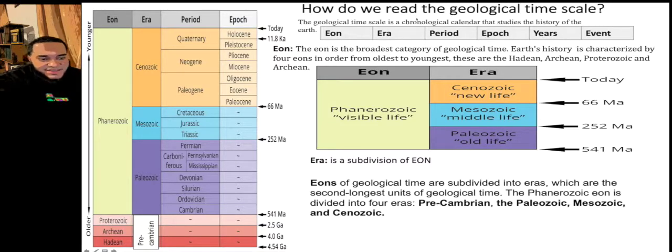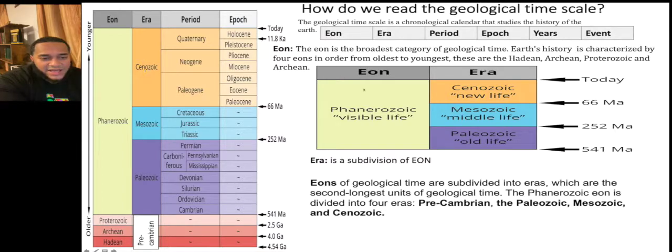Moving into the next category of the geological time scale, we have the era. The era is a subdivision of an eon, and is divided into 4 eras, starting from the Precambrian as the oldest all the way to the Paleozoic, Mesozoic, and Cenozoic era as the youngest era.